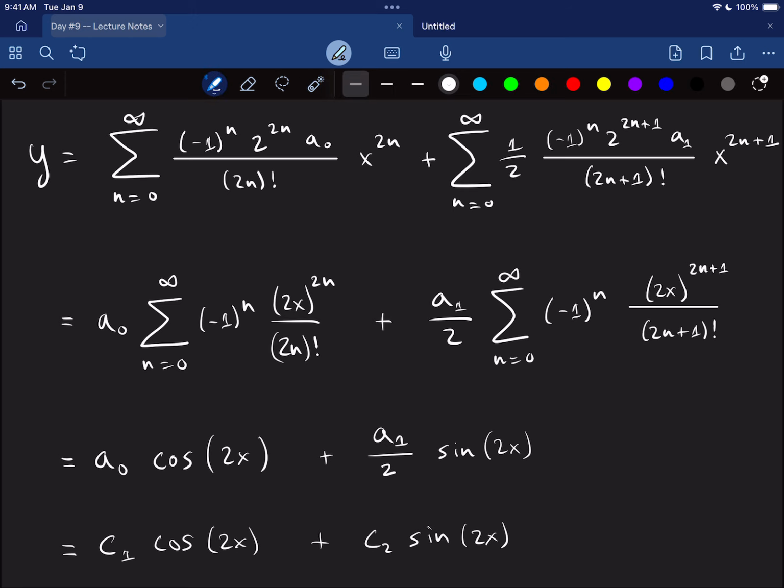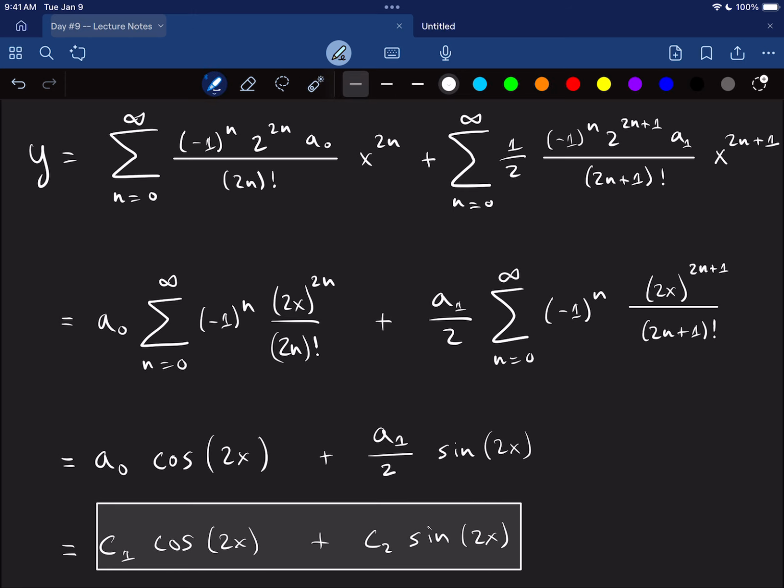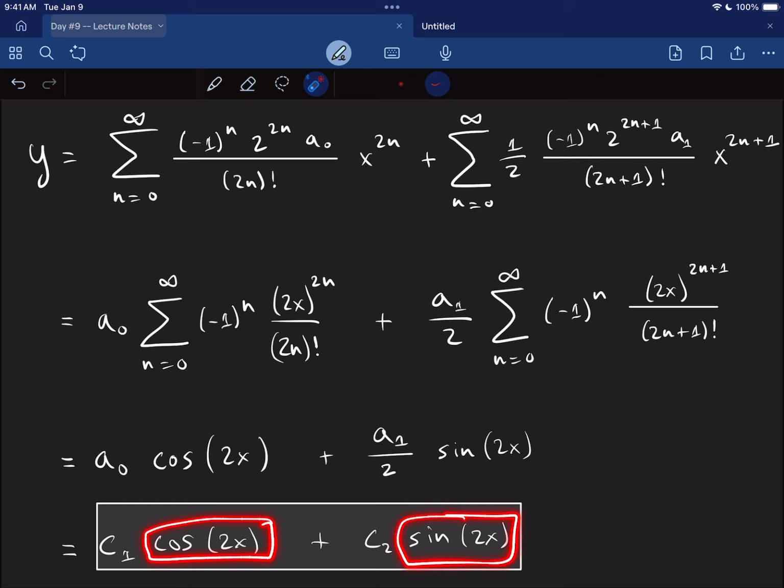Now we have a nice solution there. And you can check this in the original differential equation. You can verify that this is a solution. And if you even wanted to, you could verify that just each of these boxes alone are a solution. So there we go.